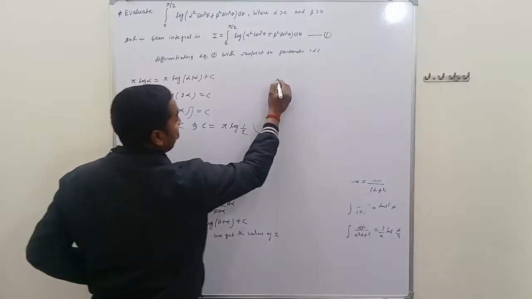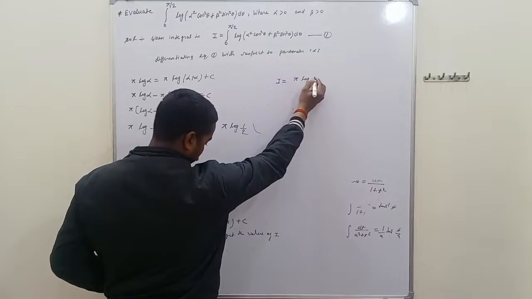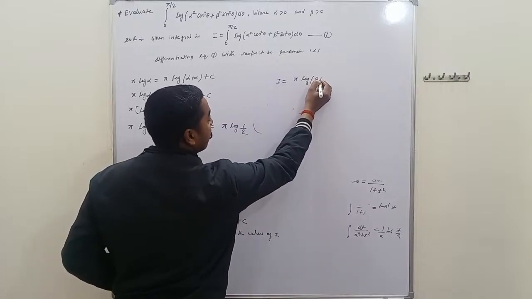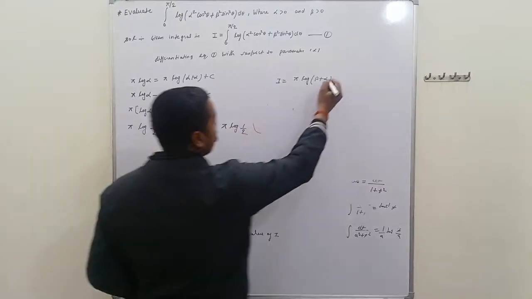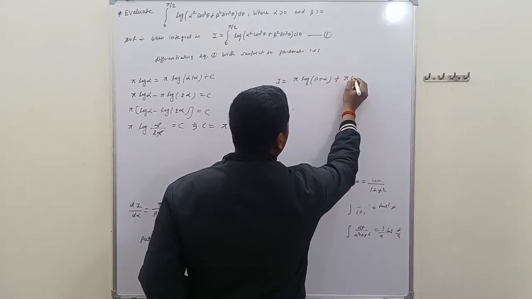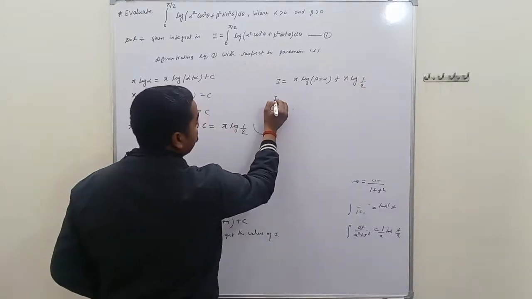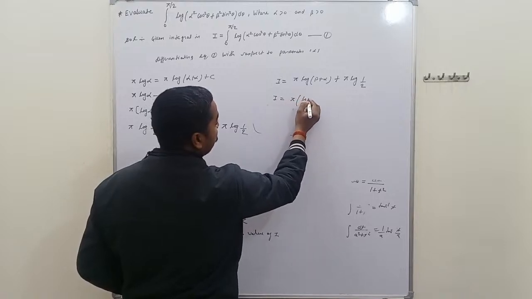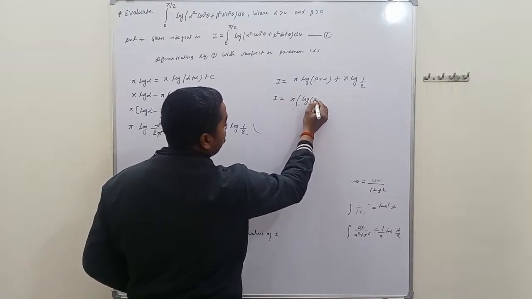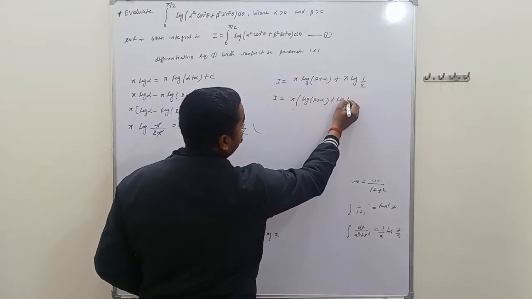Now I is equal to pi log beta plus alpha, and putting in the value of c, which is pi log 1 by 2, taking pi common, I is equal to pi times log beta plus alpha plus log 1 by 2.